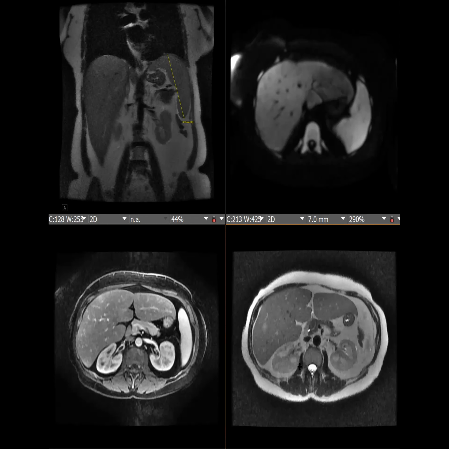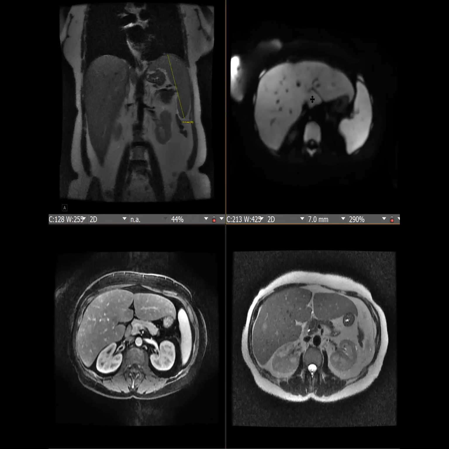So let's ignore the liver lesion. That's not as important. The key sequence that really helped us out on this examination was the diffusion sequence. You can see the liver has abnormal signal in it throughout.